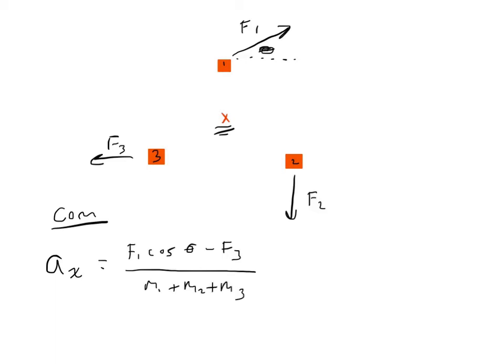And that's going to tell me how my center of mass is accelerating in the x direction. And then AY, same thing, it's just F1 sine theta minus F2 all over the total mass. So M1 plus M2 plus M3. And that will let us figure out how this center of mass is moving, accelerating.